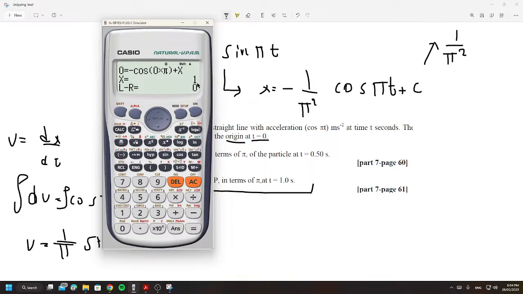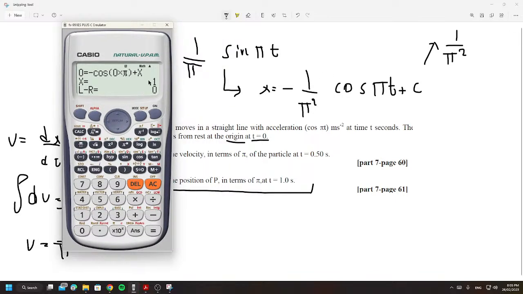Wait, what am I doing? Is this right? This can't be right. Let's just go with it either way.